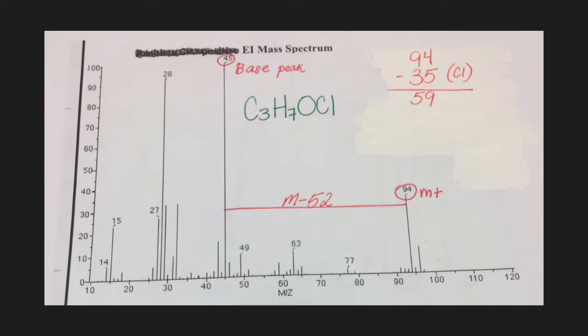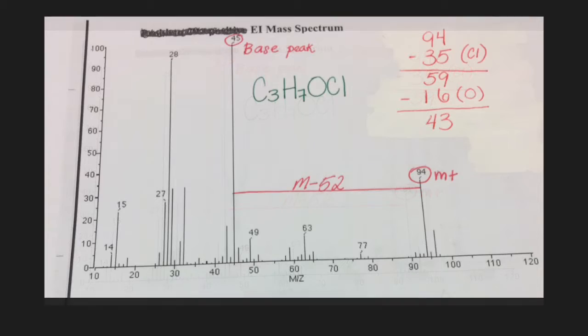Mass spec will usually give you the chemical formula, but you can also calculate it from the spectrum. So I'm going to take 94, which is the M+, and subtract 35, which is the molecular weight of chlorine, to get 59. Next, I'm going to subtract the molecular weight of oxygen, which is 16, to get 43.